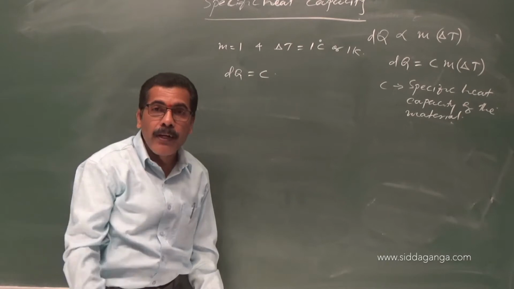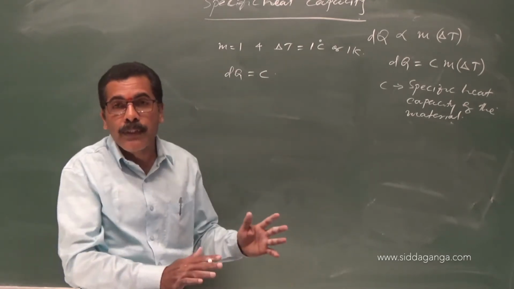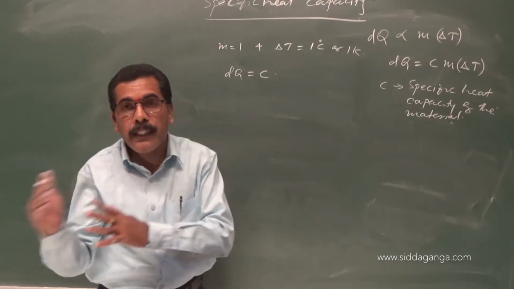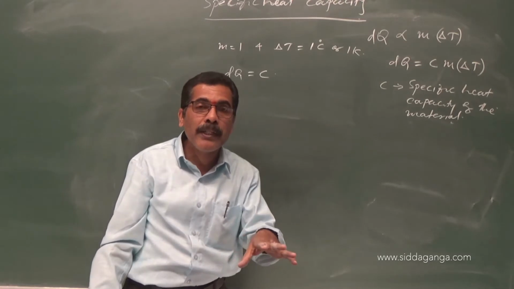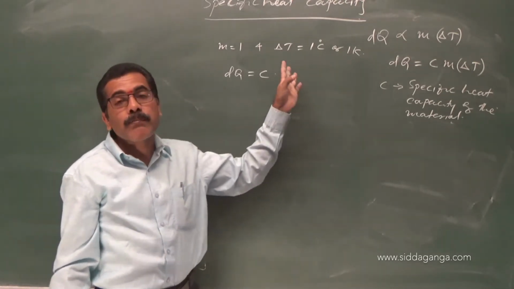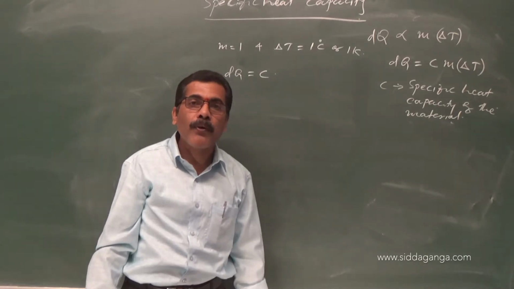The quantity of heat required to raise the temperature of unit mass of the substance through unit degree Celsius or through unit Kelvin. See, it is a constant for the material and we call it specific heat capacity. Have you got it?